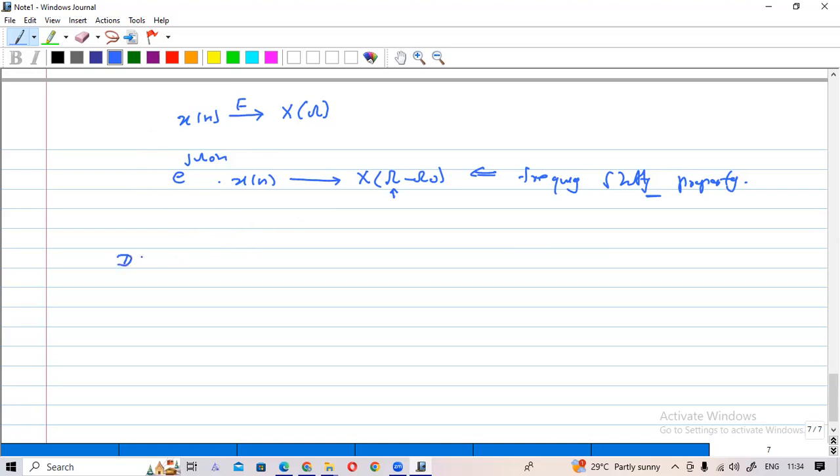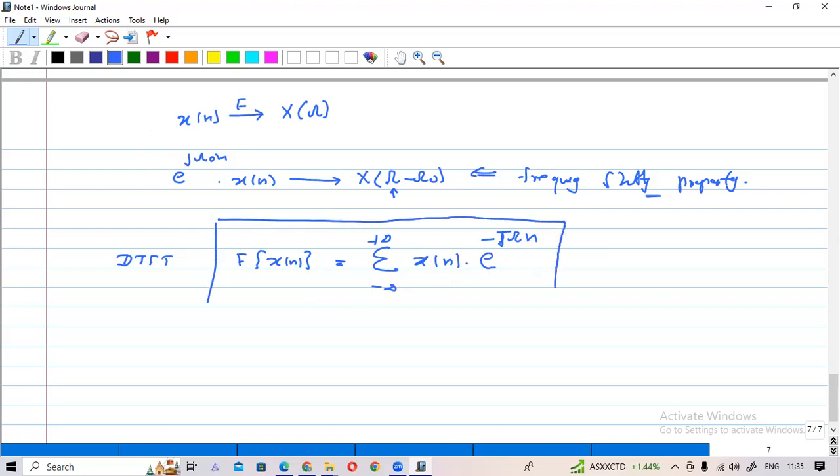If we get the Fourier transform of x[n], we will have the sum from minus infinity to plus infinity of x[n] e to the power minus j omega n. This is the definition. Now you can use this definition to prove this. So can you prove this?